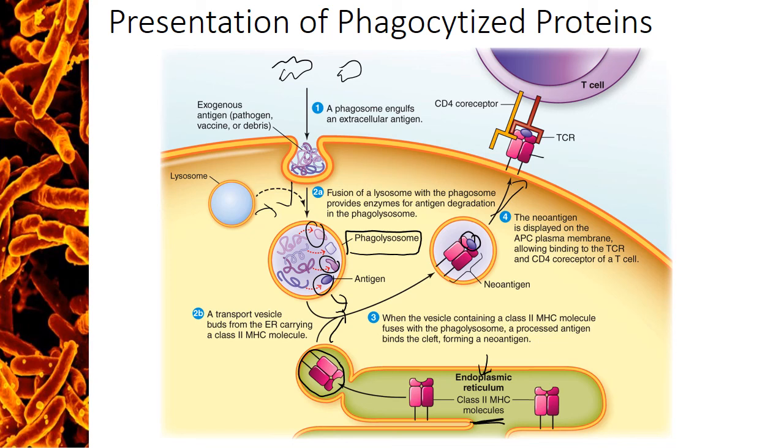So here we have our MHC2 molecule with its antigen, and it's interacting with the T cell receptor of this cell, remember the one that matched the shape. And notice here, this co-receptor is now a CD4. That tells us that this is your helper T cell that is now going to be activated by this reaction. So remember, helper T cells are activated by exogenous antigen presented on MHC2 molecules.